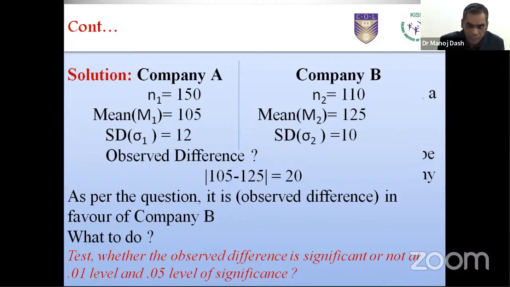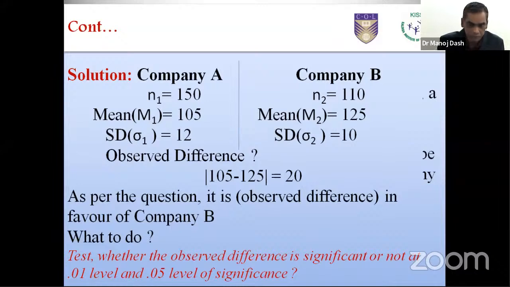I have not done anything new. What is the mean wage per hour of company A? 105 rupees. Whereas in company B, the mean wage is 125 rupees. What is the standard deviation in company A? 12 rupees. Company B, 10 rupees. So this is the information we have derived from the question.